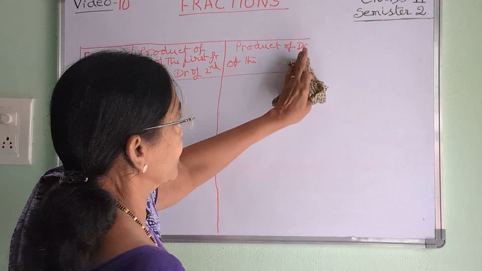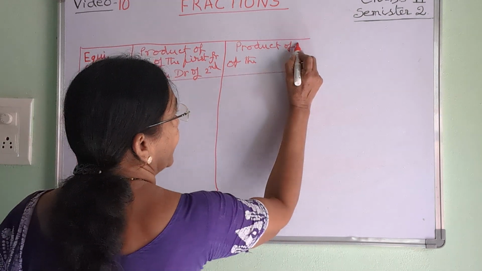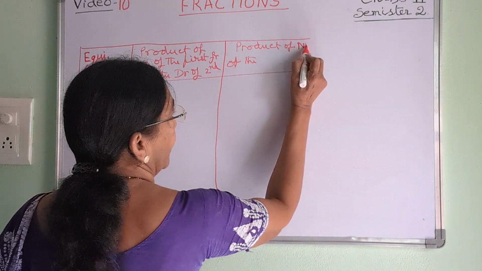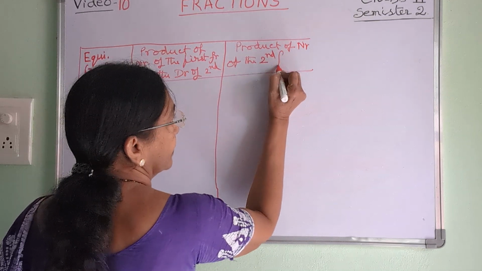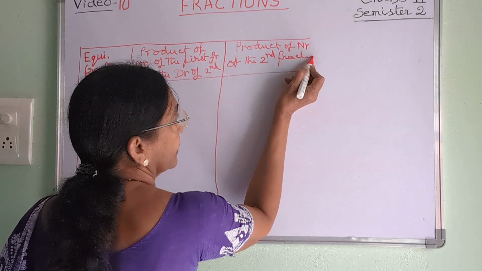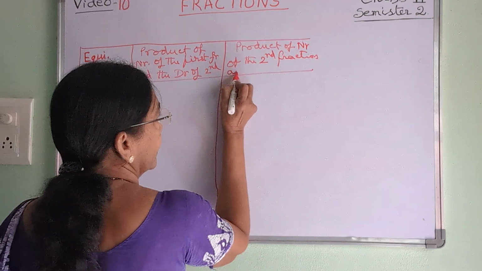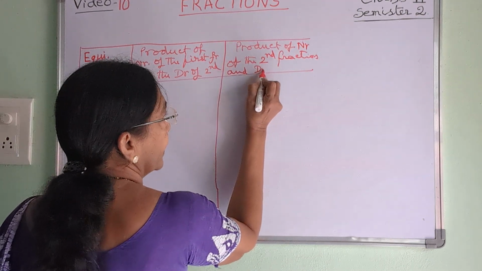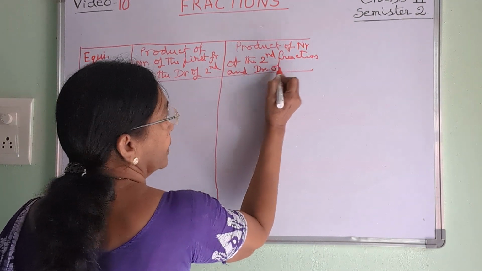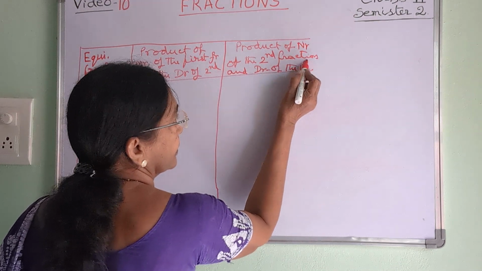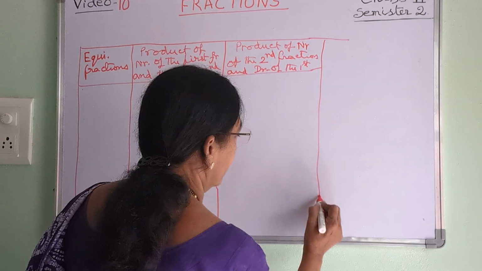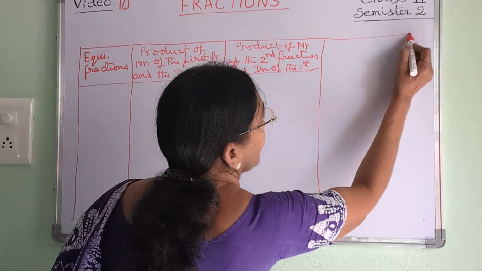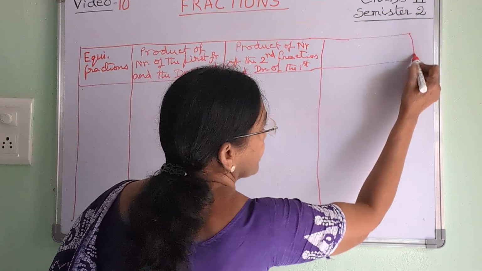We will write the numerator first: numerator of the second fraction and denominator of the first fraction. Next, inference.